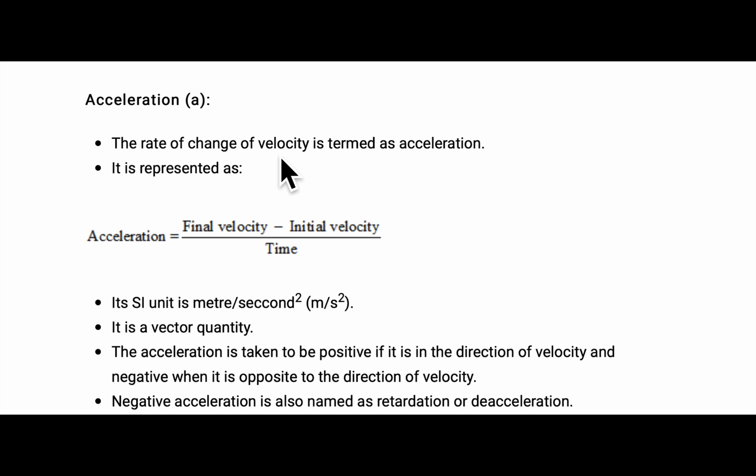Velocity means speed in a particular direction. And in terms of physics, rate means to divide by time. So change in velocity means final velocity minus initial velocity divided by time, that is acceleration.